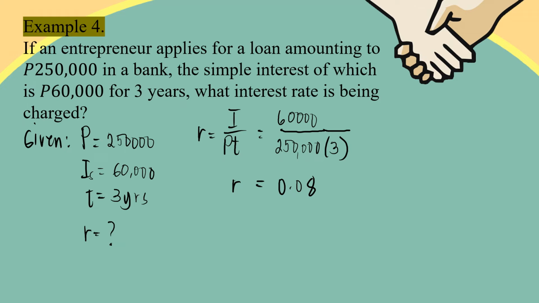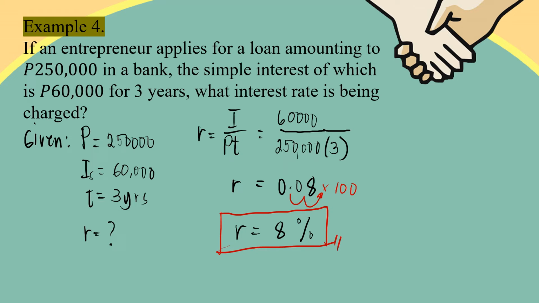Paano gagawin percent si 0.08? Multiply natin sa 100, or move na lang tayo ng 2 point. Magiging 8% ngayon yung ating interest rate. Ito yung magiging final answer.